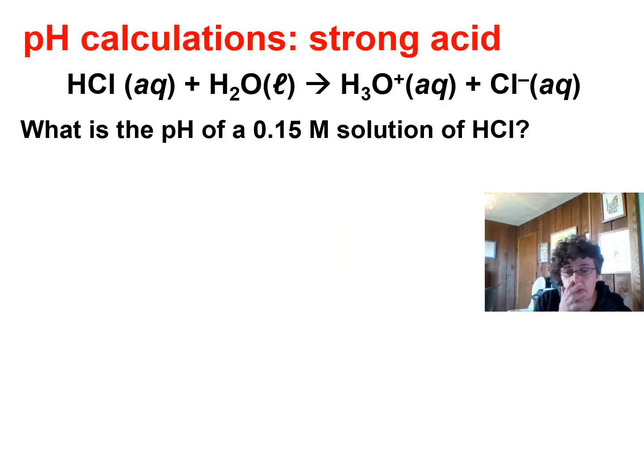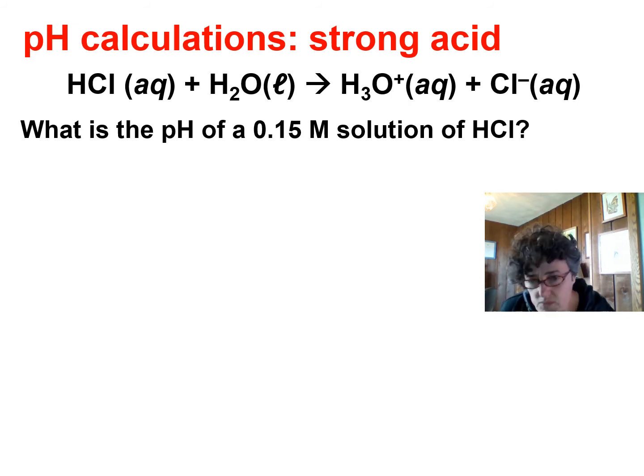So let's see some examples. pH calculation for a strong acid. They want to know what's the pH of a 0.15 molar solution of HCl. First of all, how do you know it's a strong acid? If you've done your homework and you've studied, you should have memorized the 7 or 6 strong acids.